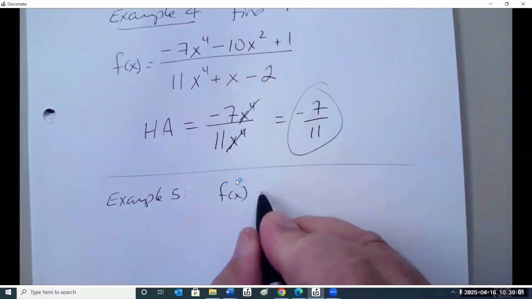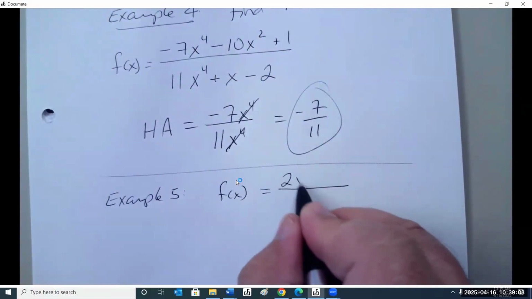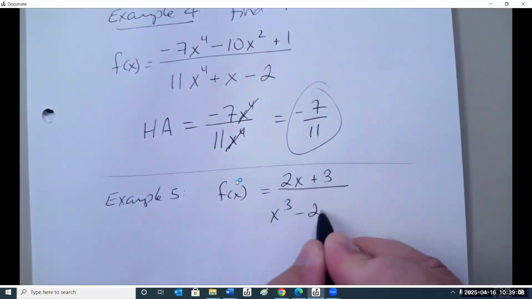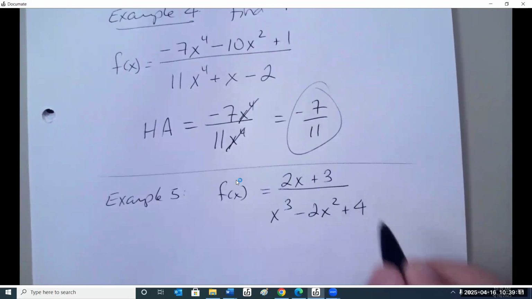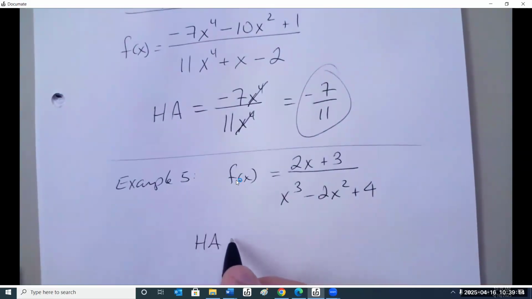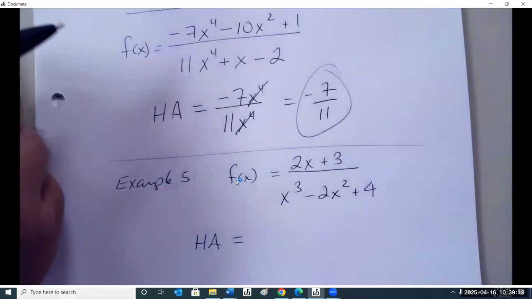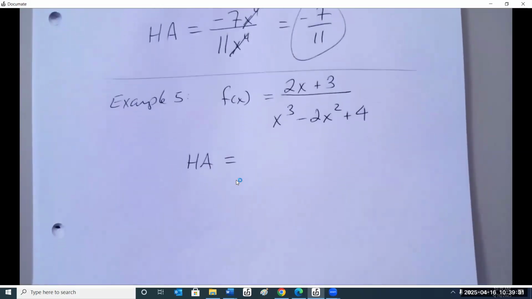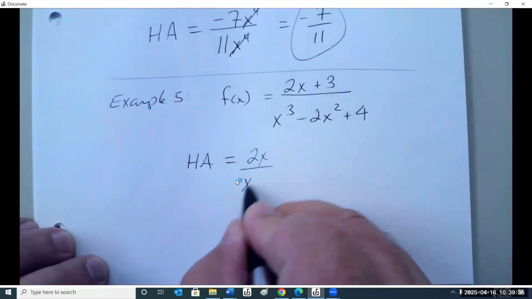Another one. f of x equals 2x plus 3, over x cubed minus 2x squared plus 4. The horizontal asymptote equals, so 2x over x cubed.